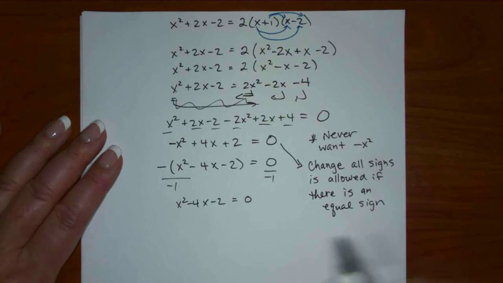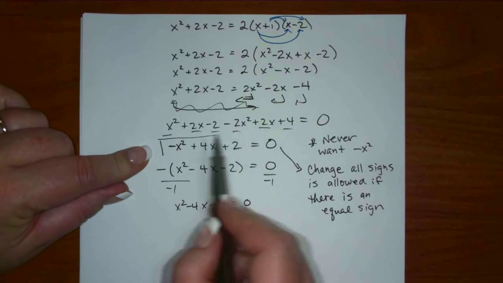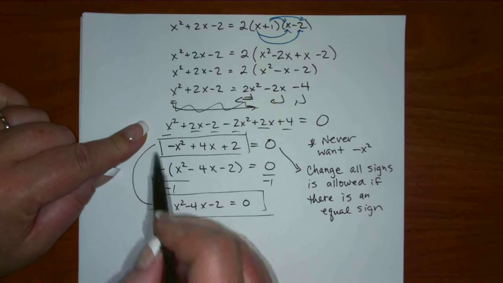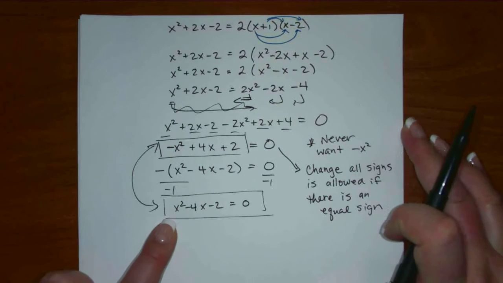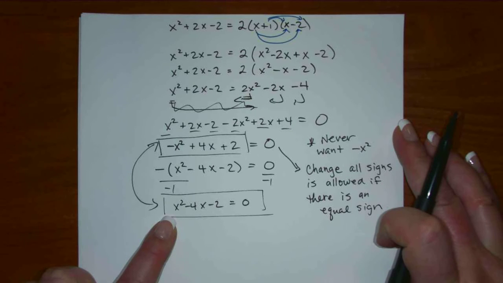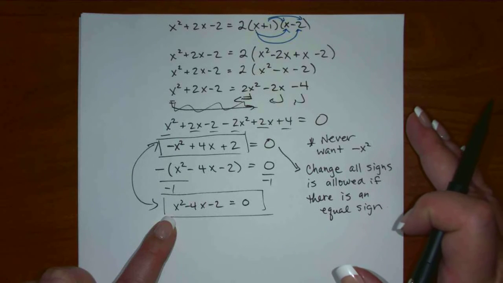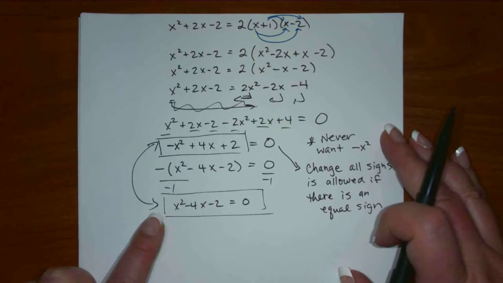Because you see what I had right here and what I have right here, what's different about them? Just the signs are all changed. And you're allowed to do that as long as there's an equal sign. Okay, so anyway, let's factor.